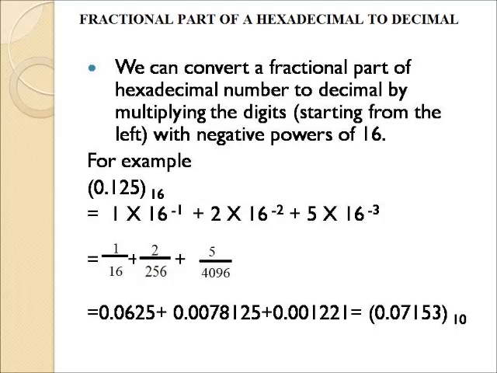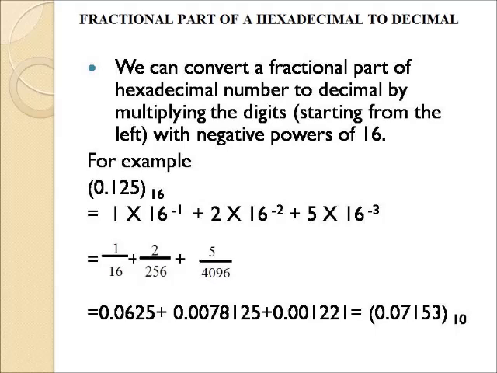We know that 16 raised to minus 1 we can write as 1 by 16, plus 2 into 16 raised to minus 2, which we can write as 2 by 256, because 16 raised to 2 is 256, plus 5 into 16 raised to minus 3, so 5 by 4096.